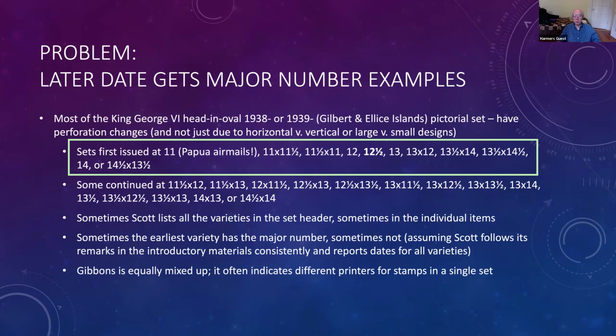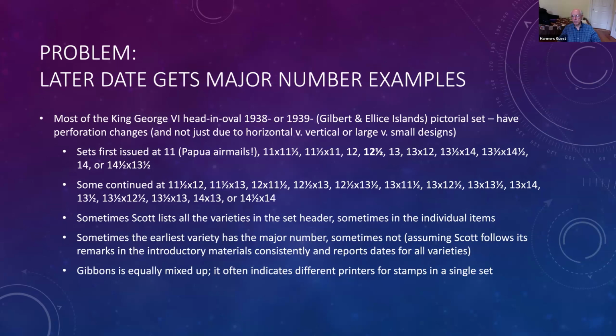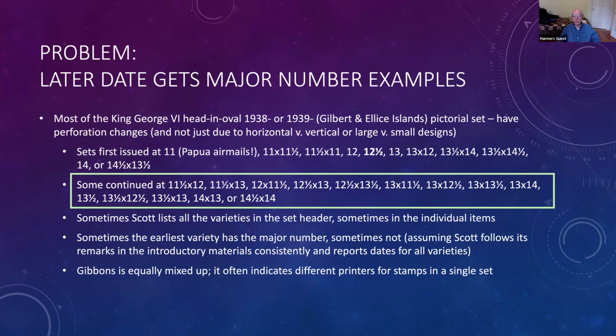There's no standard for that. Most of them are 12.5 in the first set that was issued. They were using the wider perforation gauge at that time, 1938. But later on into the 40s and sometimes even the 50s, they were issued at a whole bunch of other perforations. Originally I thought the later ones were the 14s, but they're all over the place in terms of what the perforations are.